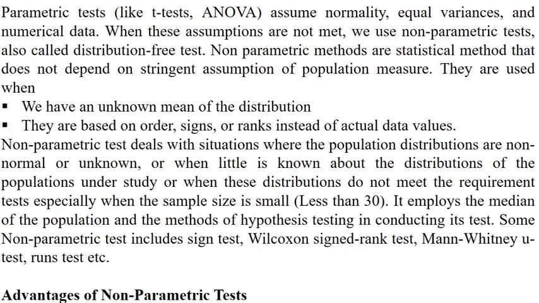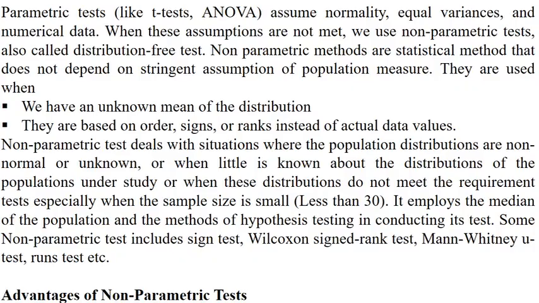When do we use non-parametric tests? When we have an uncommon mean of the distribution. They are also based on signs or ranks instead of actual data values. Non-parametric tests deal with situations where the population distribution is non-normal, that is, they do not follow a particular distribution and have no distribution assumption.